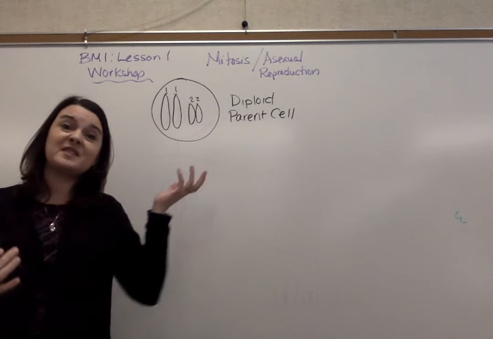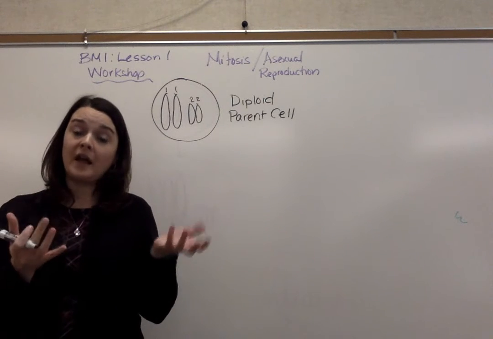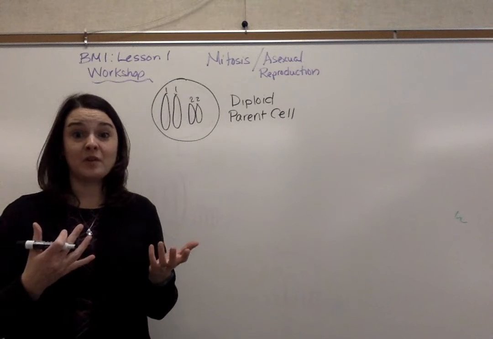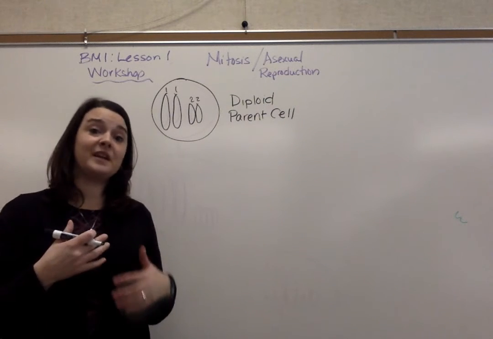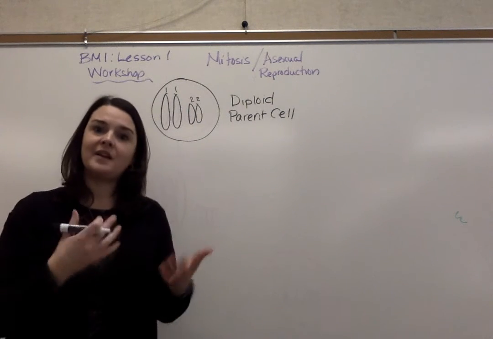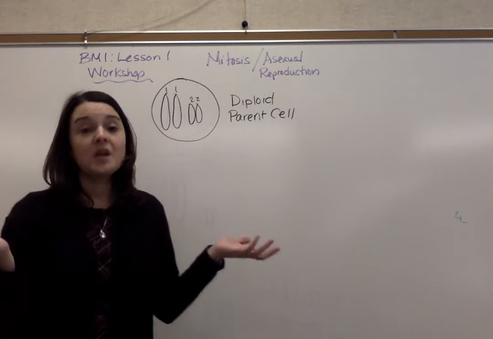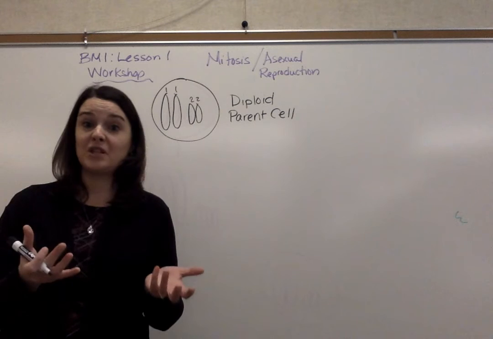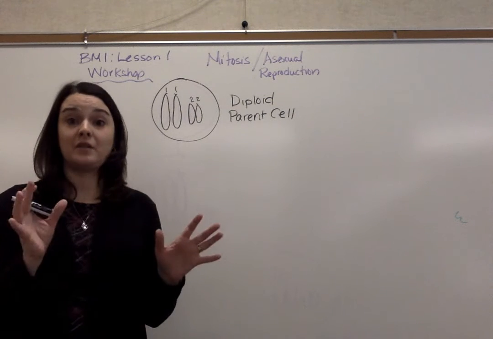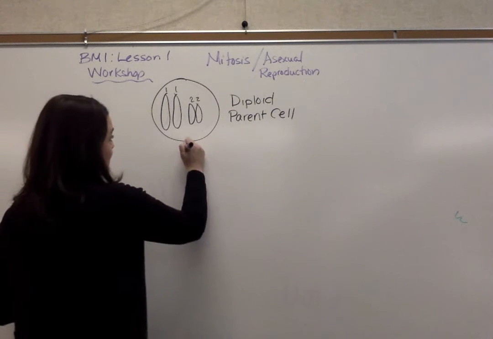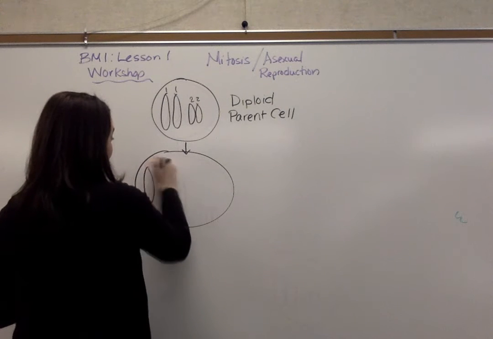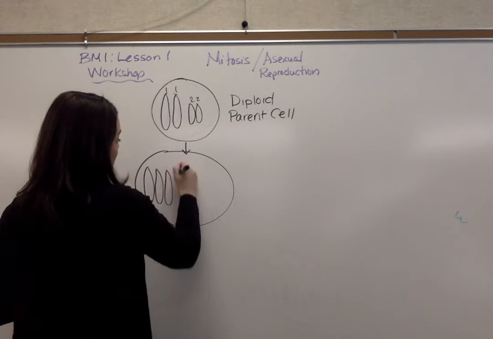So if this parent cell were to simply divide right now, it would only have half the genetic material and half the organelles and half the material. And if it continued to divide and divide and divide, eventually it would run out. So before a cell can divide, it goes through a phase of preparation where it duplicates everything. So we're going to draw the same cell again, only a little bit bigger, and now everything is duplicated.